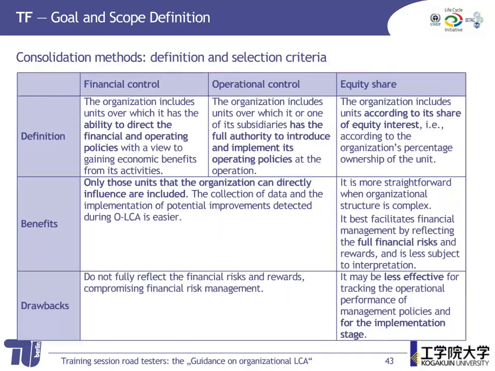Here we have a bit more detail of each of these consolidation methods. In the first option, financial control, the organization includes units over which it has the ability to direct the financial and operation policies. And for the operational control, it's the same, but it's when the company can control the operation and the main decisions of the company, maybe not from a financial point of view, but from an operational point of view.